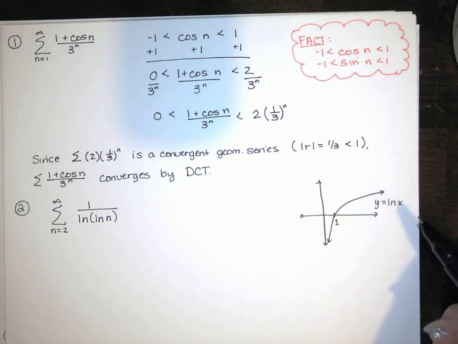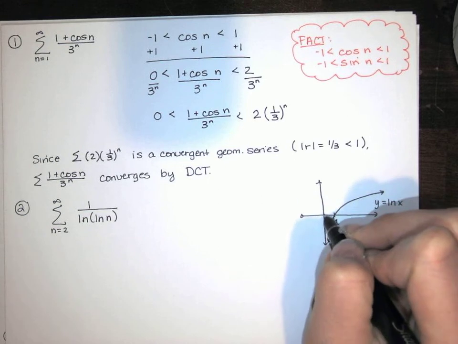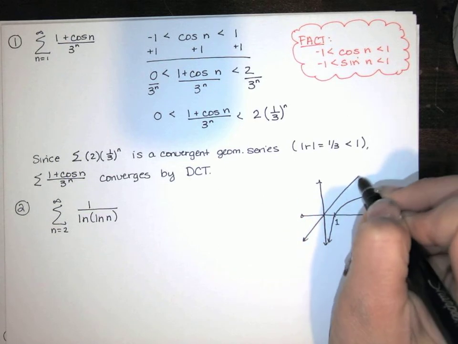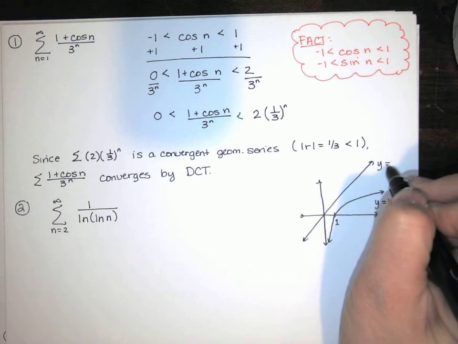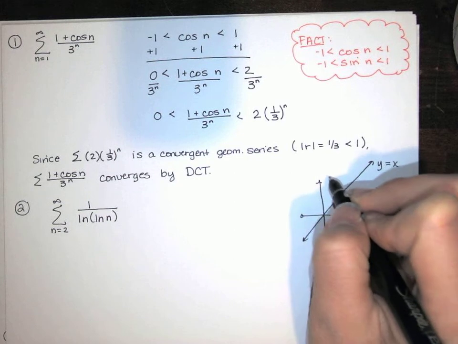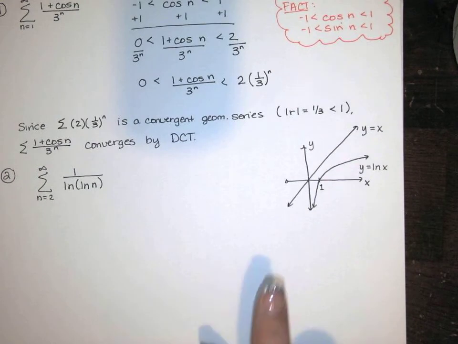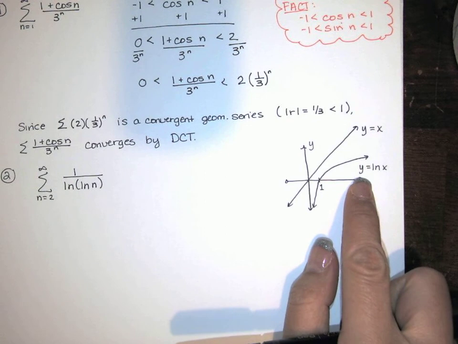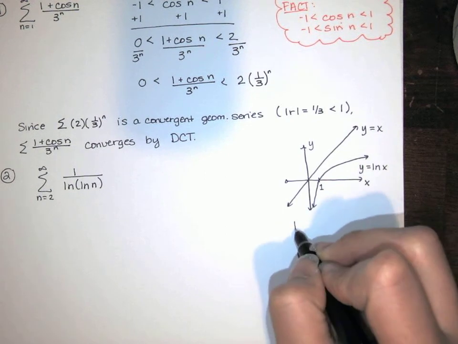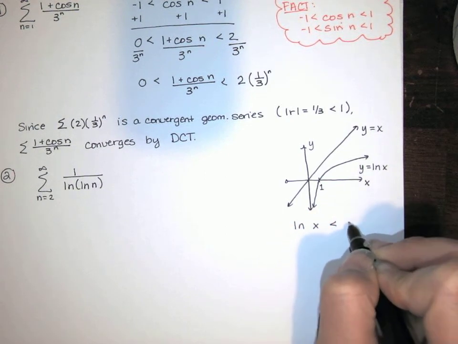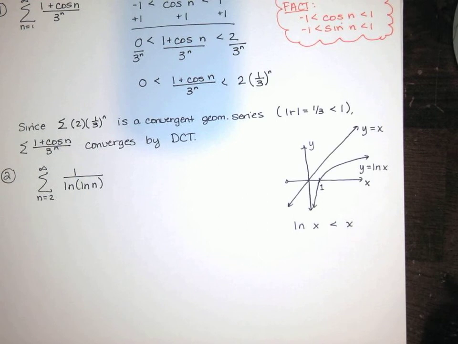So this is y equals natural log of x, and y equals x is here. It's obvious from these graphs that x is always greater than natural log of x. Or if you want to write it the other way, natural log of x is always less than x.